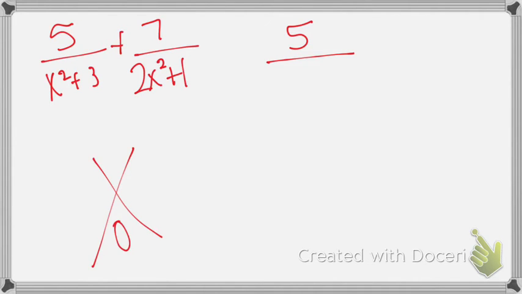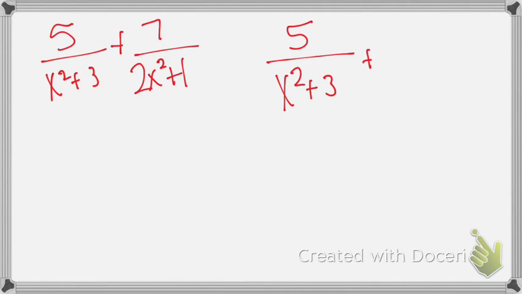So we have a 0 in the bottom and a 3 up top. The only thing that's 3 is 1 and 3, and that doesn't give us 0, so that doesn't work. So we cannot simplify x squared plus 3. We cannot simplify 7. Can we simplify 2x squared plus 1?